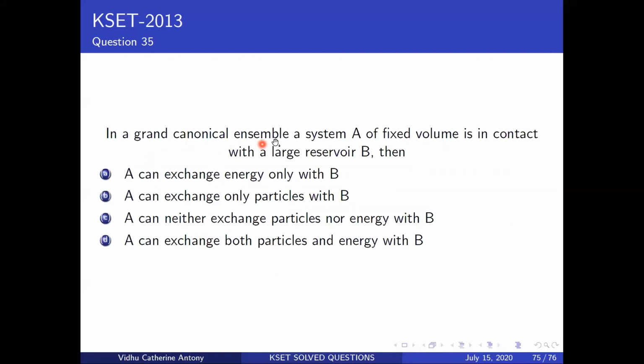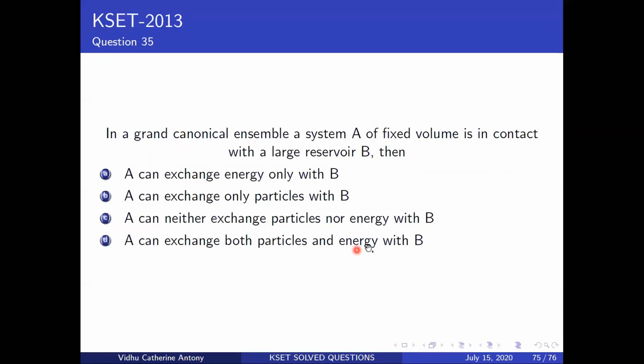In a grand canonical ensemble, a system A of fixed volume is in contact with a large reservoir B. Then what can you do? A and B can exchange both particles as well as energy. Okay, so that is your grand canonical ensemble. Heat and particle bath. Your heat bath basically means there's exchange of energy.